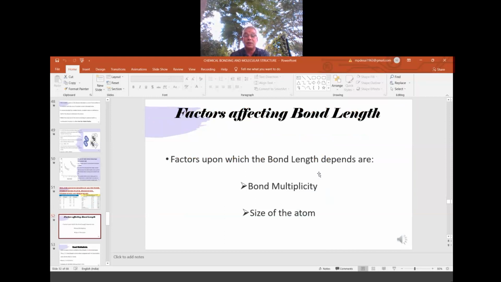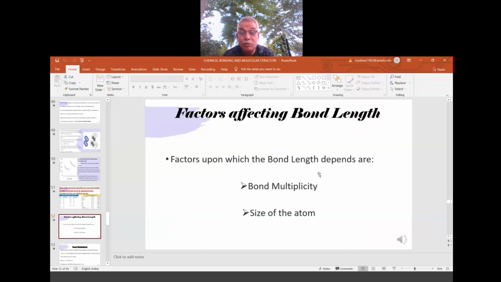So the factors upon which the bond length depends are bond multiplicity and size of the atom. What is bond multiplicity? It is the number of bonds between the two atoms. If it is a single bond, then bond length is more. If it is a double bond, to form a double bond they have to mix thoroughly, that means they have to come close, so bond length is less.